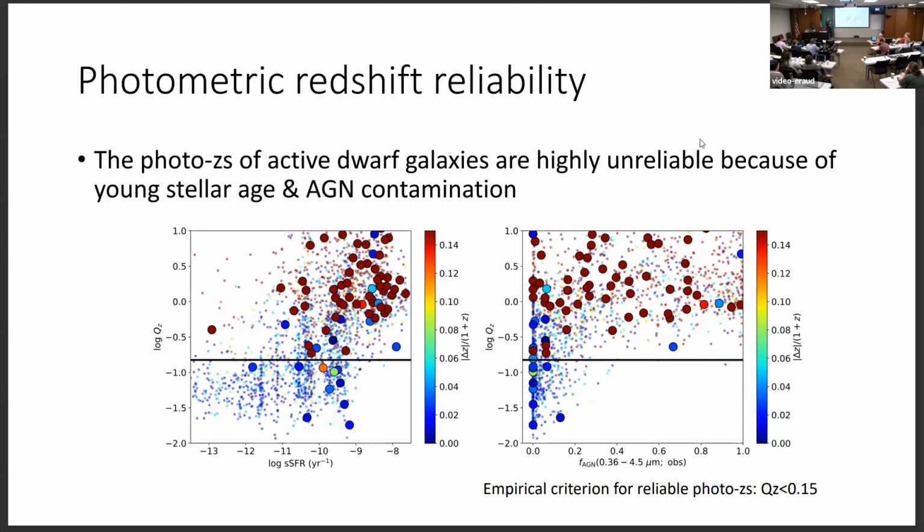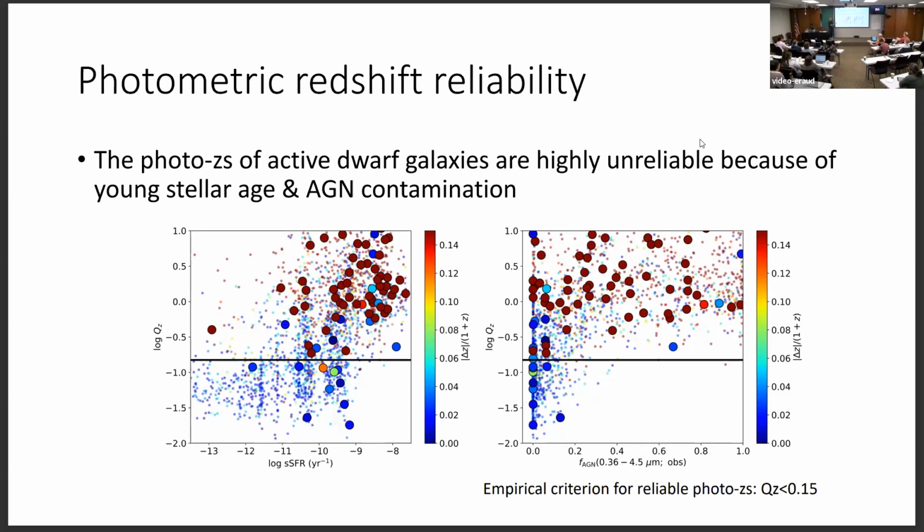I'm showing Q_z versus specific star formation rate, and also the fractional AGN contribution to the whole SED. Q_z here is just an empirical parameter for quantifying the photo-z reliability, and larger Q_z means that the photo-zs are more likely to be problematic. Here I'm only showing the X-ray sources with spectroscopic redshifts, and I color code them using the difference between the spectroscopic redshift and the photometric redshift.